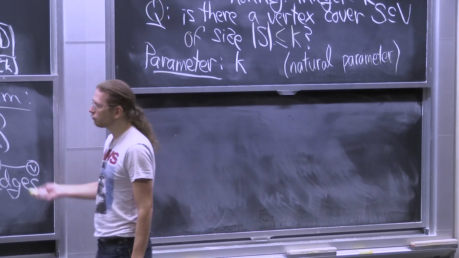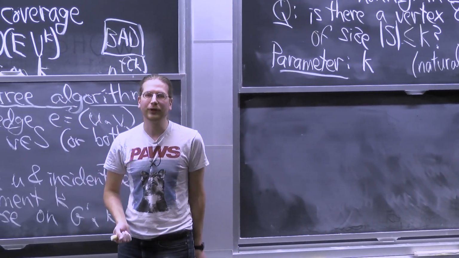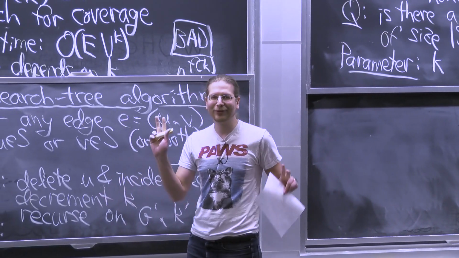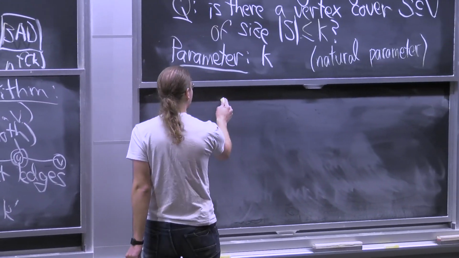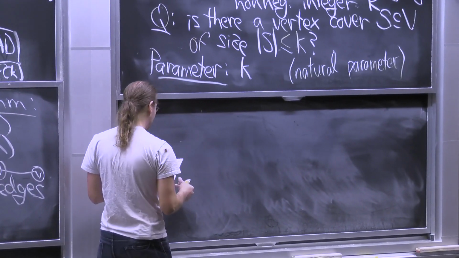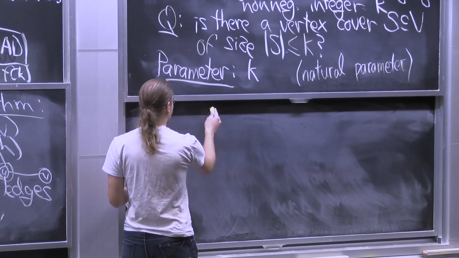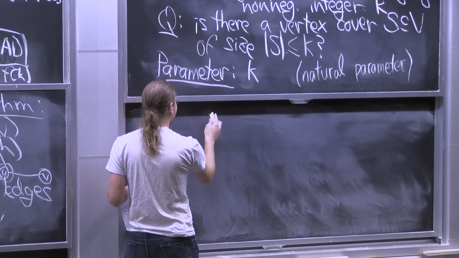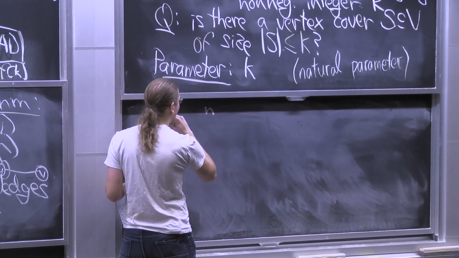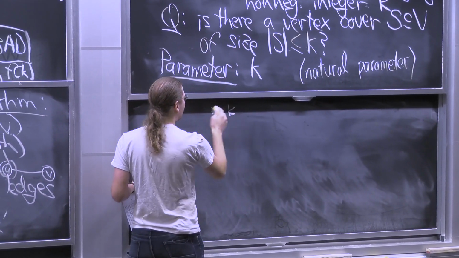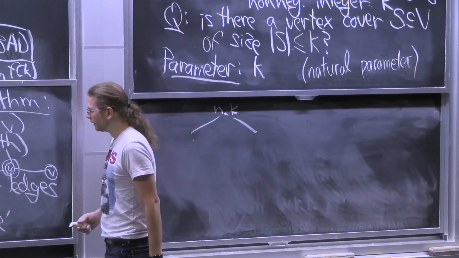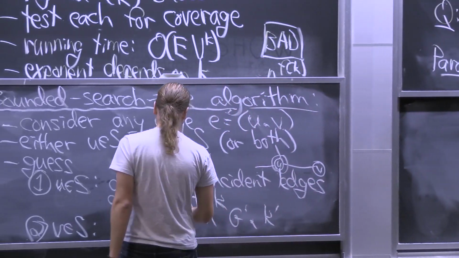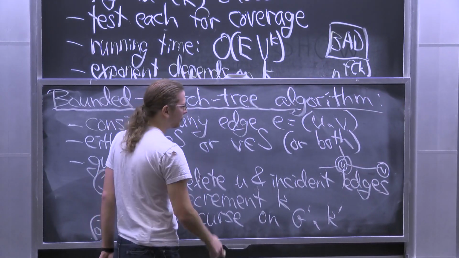So let's draw a recursion tree, right? This is a divide and conquer algorithm in a very weak sense. We start up here with a problem of size n and a parameter k, and we make 2 recursive calls. We deleted a vertex and maybe some edges.